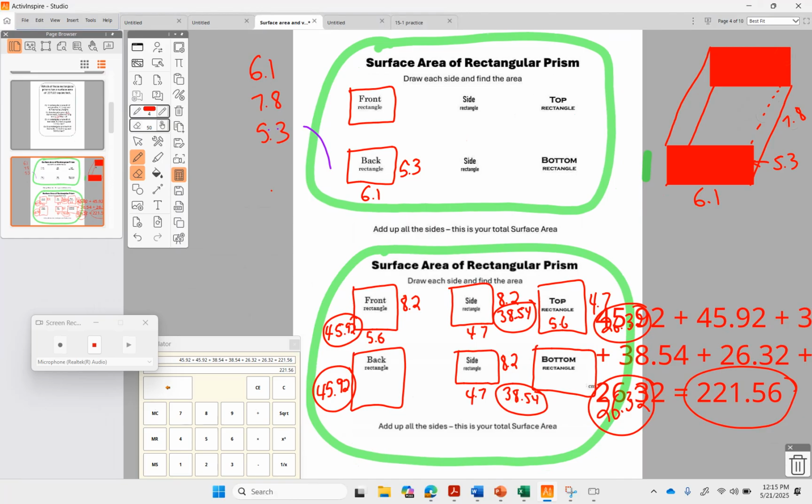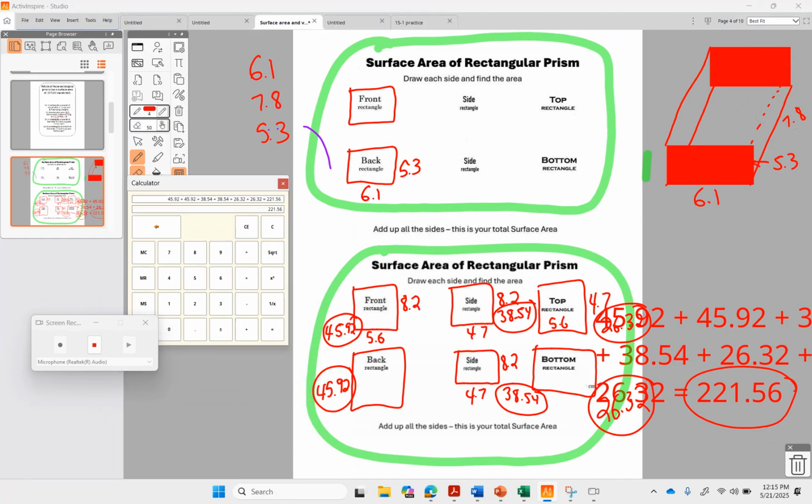Okay, and so when I come over to my calculator, 6.1 times 5.3 is, I want to change the color so it can make sense, 32.33. Each of those. Now, for my side, maybe if I color it in, it'll help you see the side.